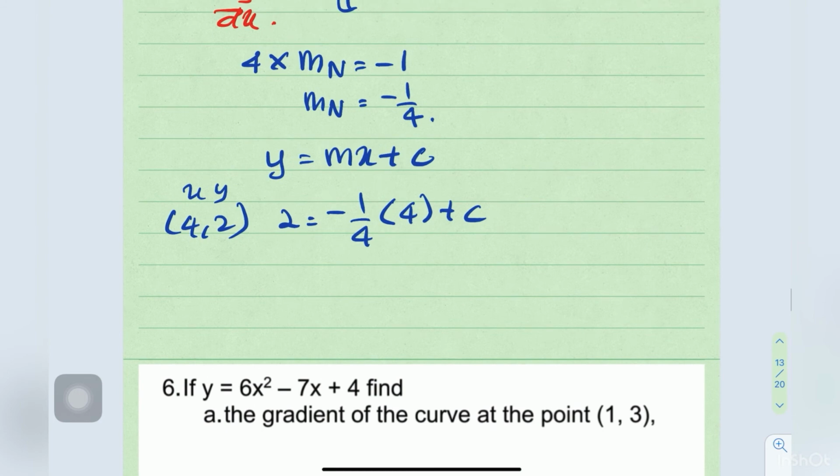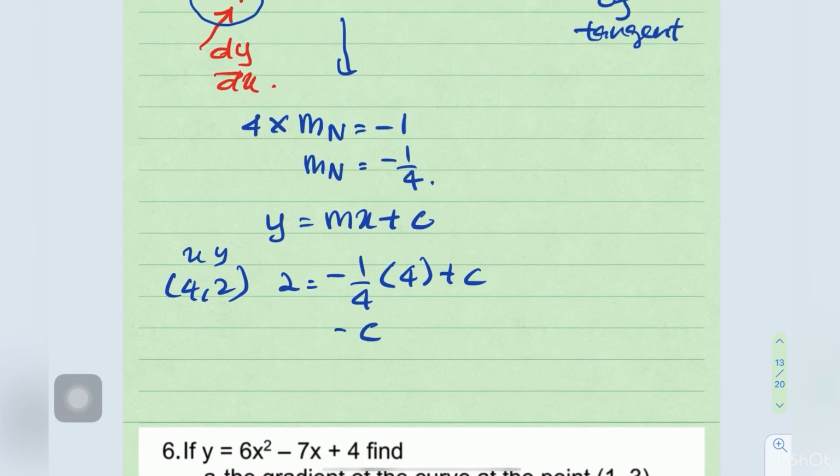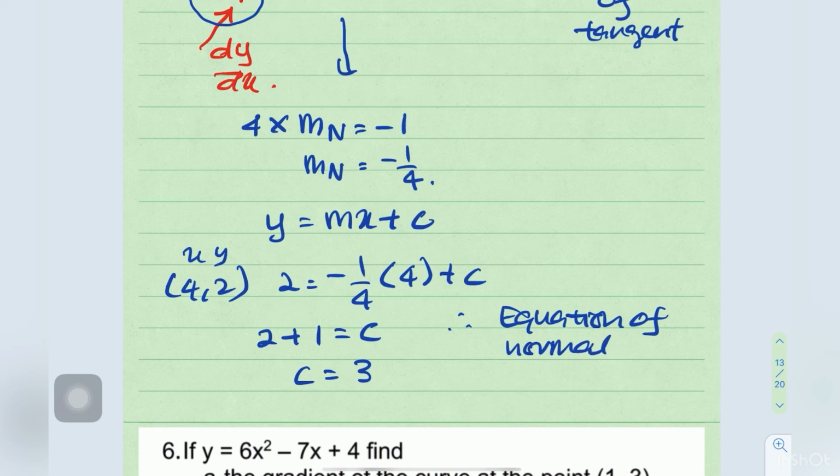So then c equals to 2 plus 1. So c equals to 3. So therefore equation of normal is y equals to -1 over 4x plus 3.